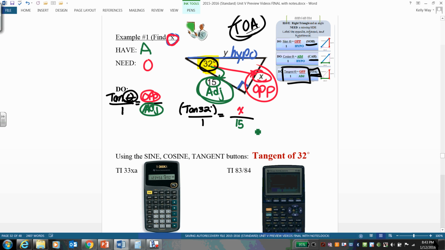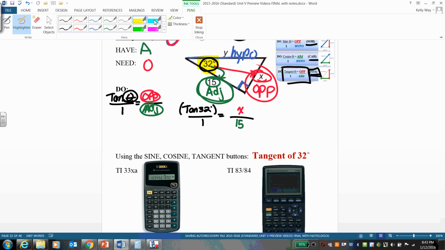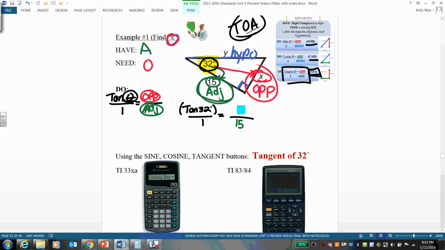Very, very, very important. You do not touch a calculator until you get X all by its lonesome. Don't touch a calculator until X is by itself. Let me show you what we do from here.